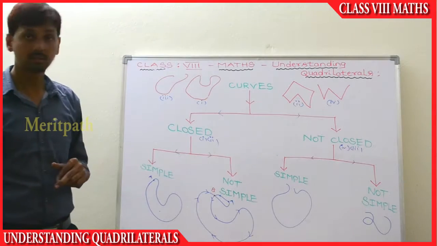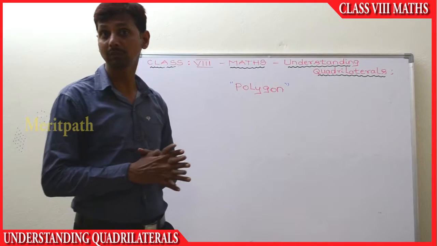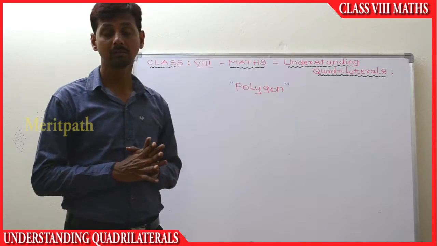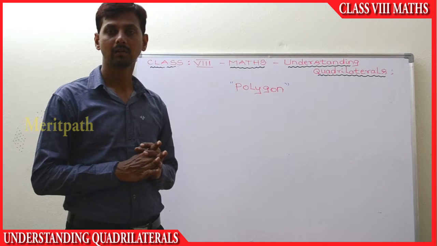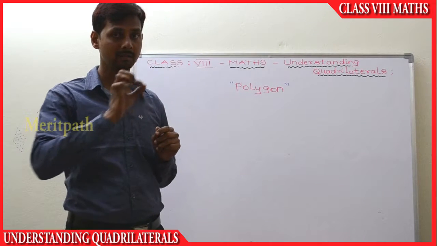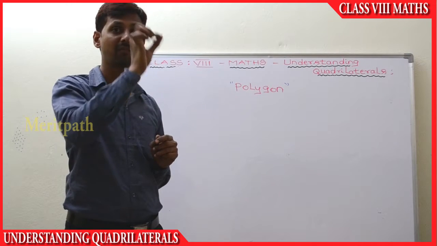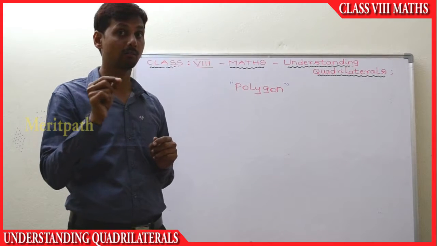So these are the curves we have discussed until now. We have discussed simple curves. We take a point, draw a line, and join to the same point without intersecting the line we have drawn.